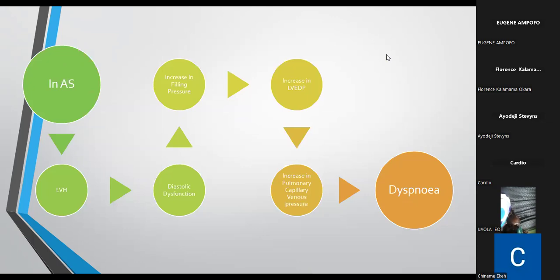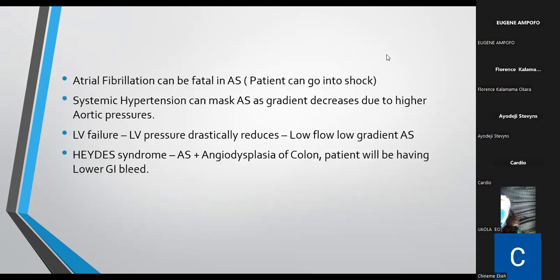Like I said, in AS, due to pressure overload, they develop an LVH, and that subsequently leads to diastolic dysfunction. There's an increase in filling pressure, an increase in left end diastolic pressure, an increase in pulmonary pressure, and they could present with dyspnea and other features of heart failure. Atrial fibrillation can be fatal in them.